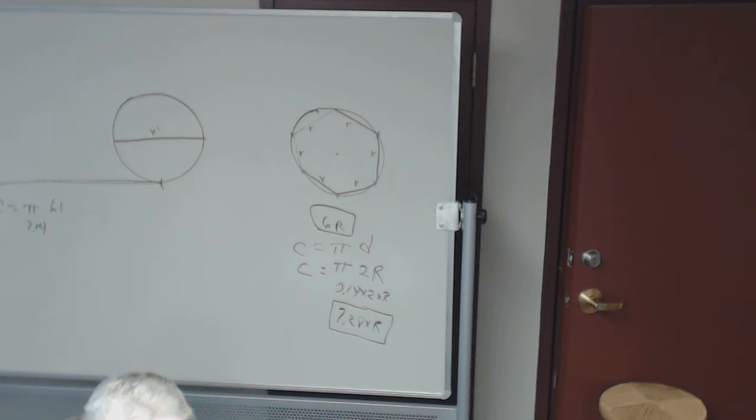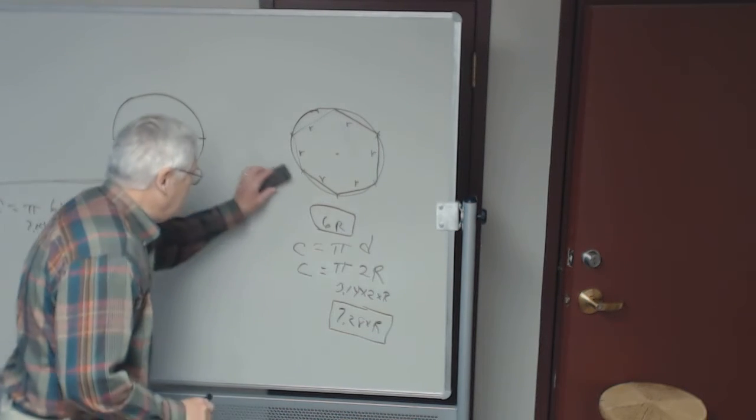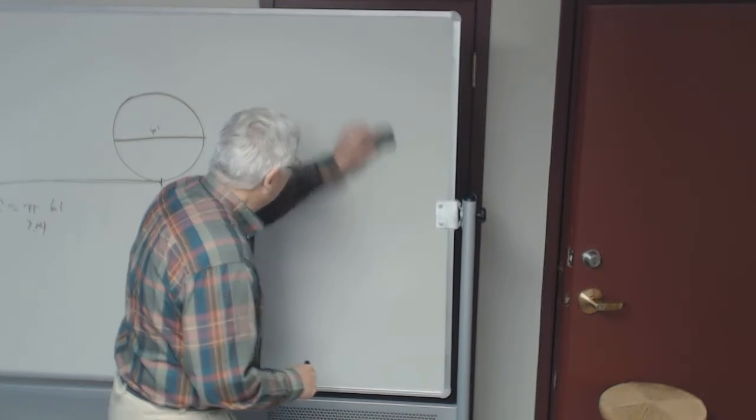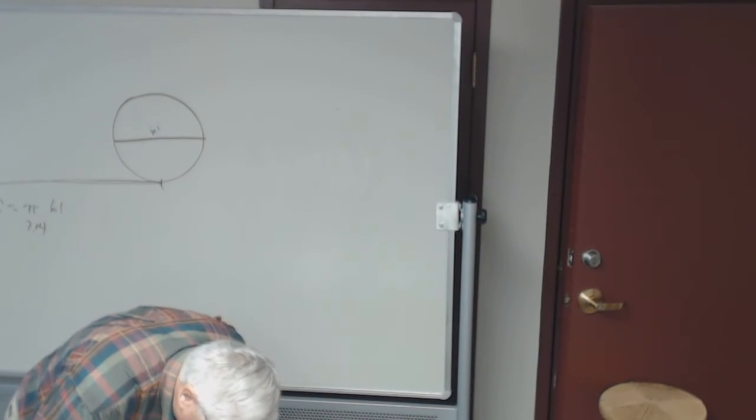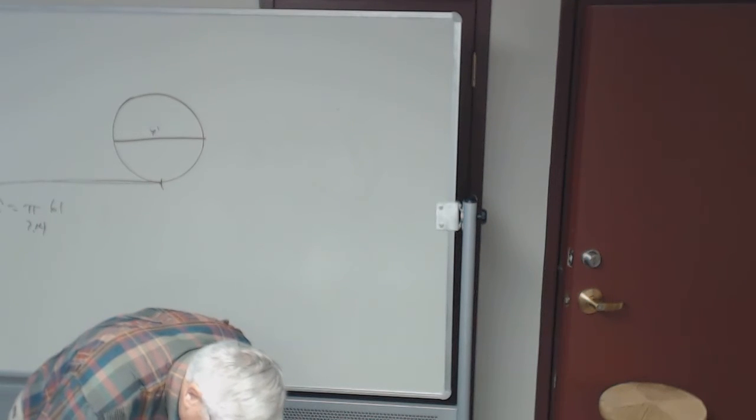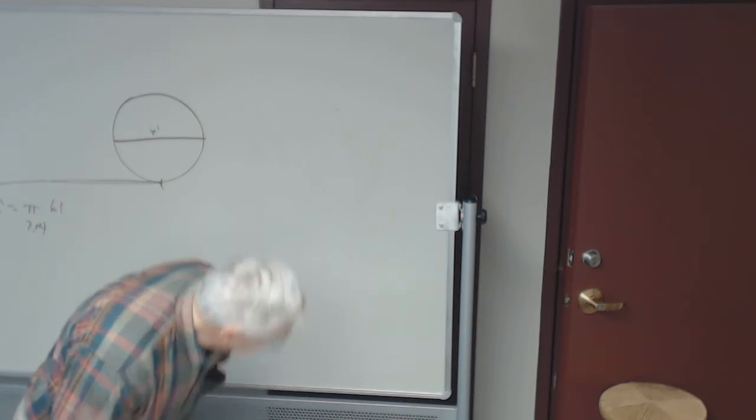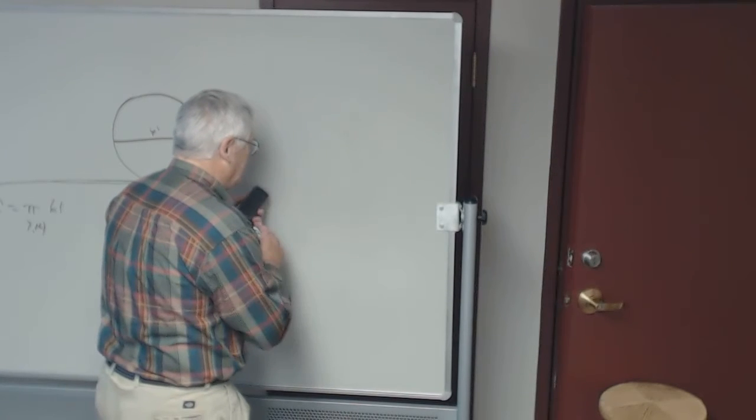The minute hand of the clock is 8 centimeters long. How far does the tip of the hand move in 1 hour? The minute hand of a clock. How long did it say it was? 8 centimeters long. So here's the clock.